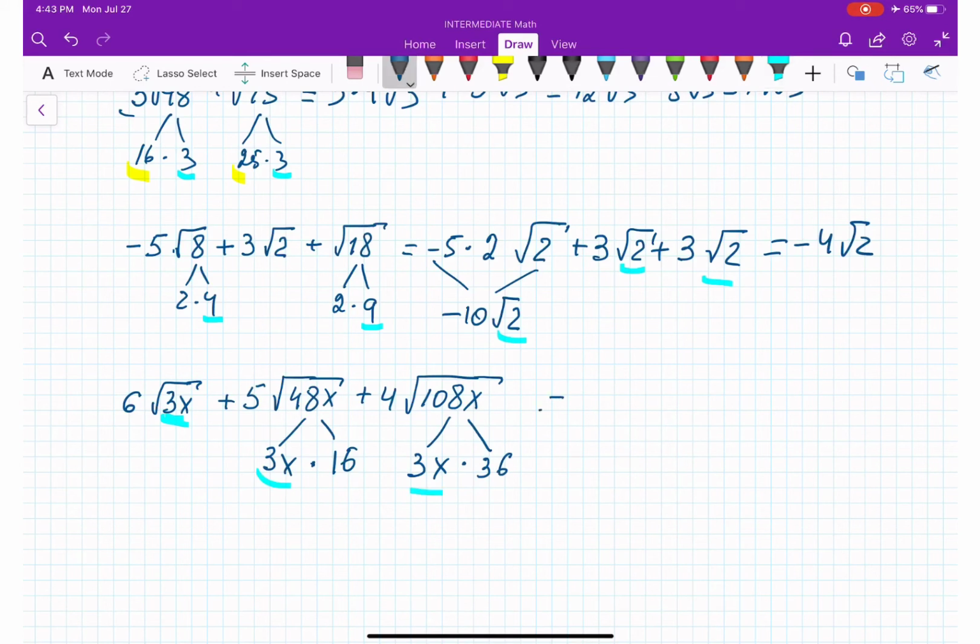So what do we get? 6 square root 3x. From the second one, square root 16 will come out 4, and square root 3x will stay underneath. And from the third one, square root 36 is going to be 6, and square root 3x. Beautiful job, huh? We have the square root 3x everywhere.